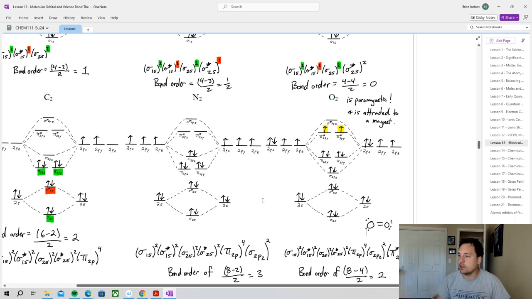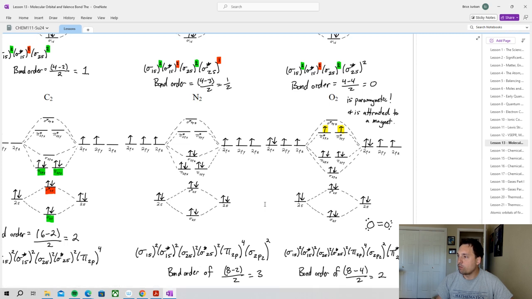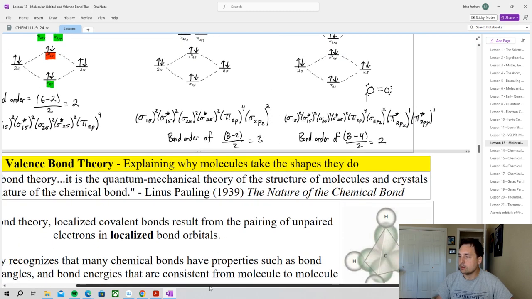There's a couple examples of that where it'll shift the energy levels slightly, but that's a little outside the scope of this class and outside of my experience, really. So I don't know how to explain that all that well. And that's, I think, pretty much all you need to know at this point for molecular orbitals.